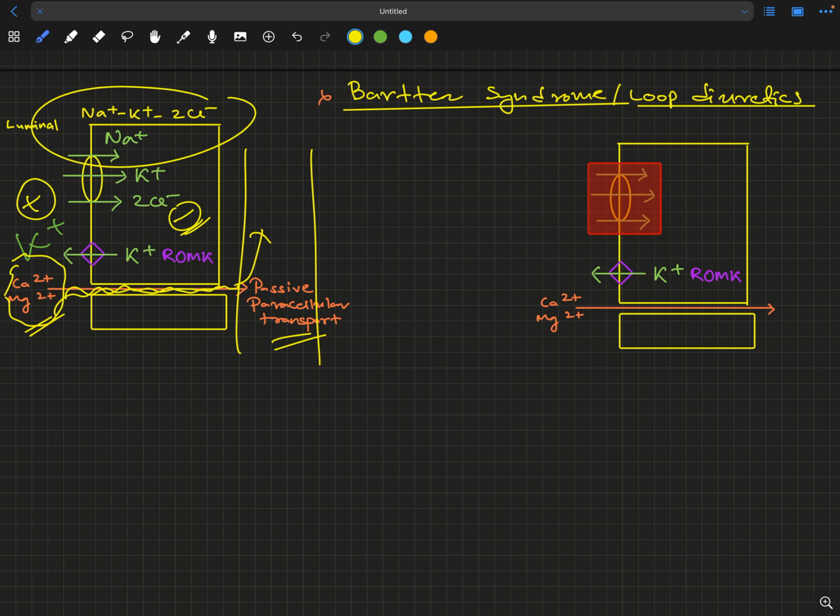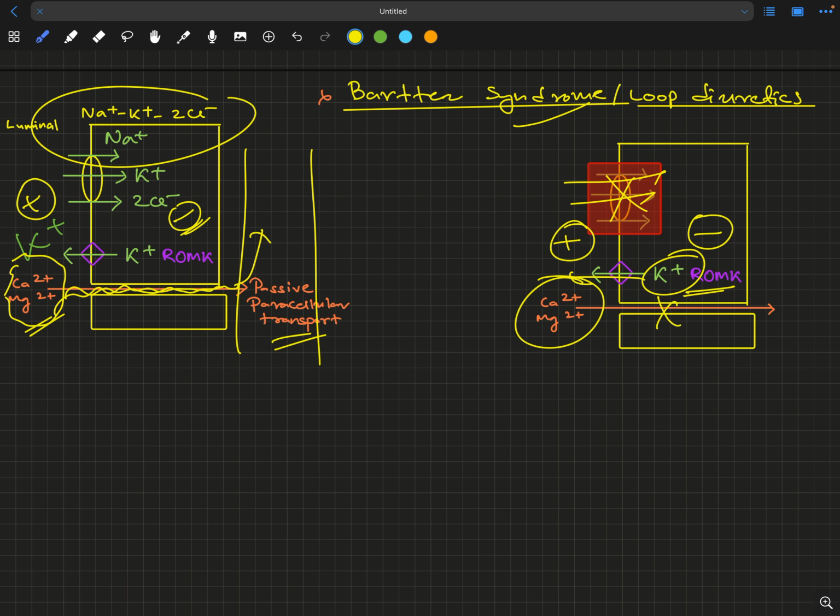If we have given a patient loop diuretics, or if he has Bartter syndrome, this channel is defective, so now there will be no reabsorption of sodium, potassium or 2 chloride. So now there will be no potassium for the ROMK channel to pump out of the cell. So there will be no creation of net negative charge inside the cell or net positive charge in the lumen. This was the gradient responsible for pushing calcium and magnesium towards the cell, to be later reabsorbed.